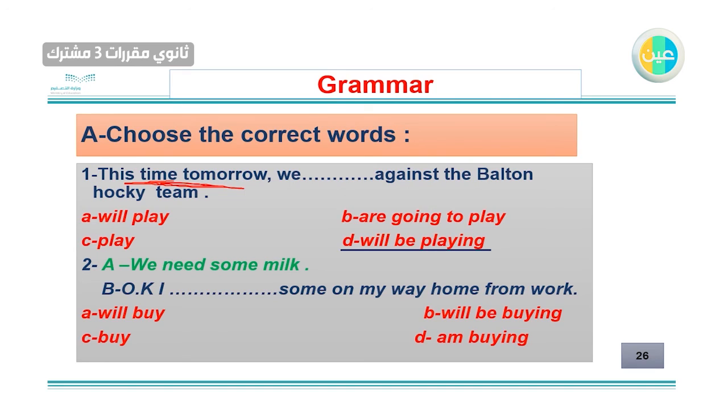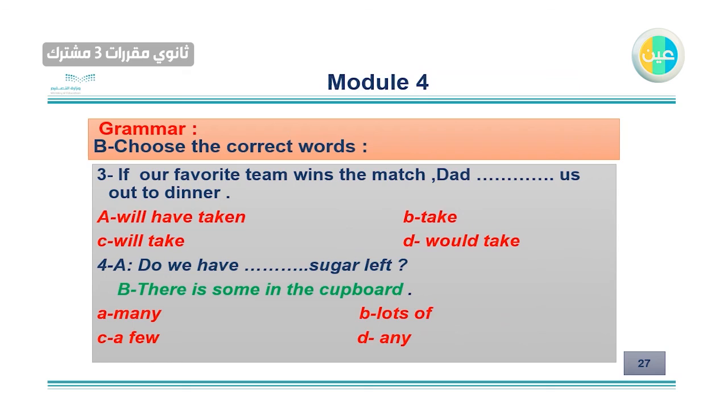Okay, I will buy some on my way home from work. If our favorite team wins the match, here you have if, and with if, which tense? Wins, present. If our favorite team wins the match, what will happen? Dad will take, yeah, type 1. Dad will take us out to dinner, something normal.